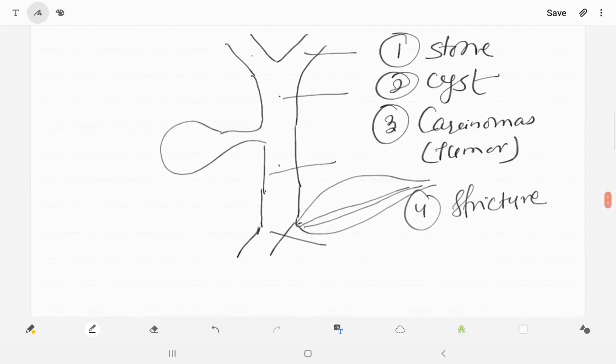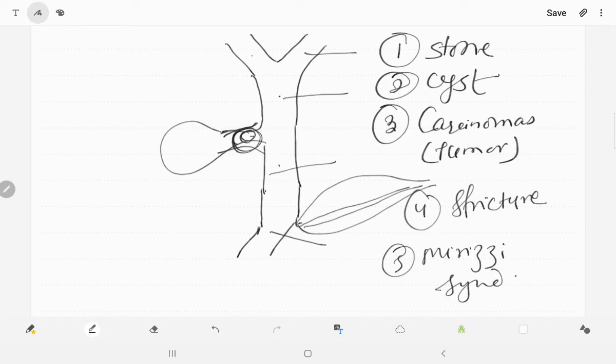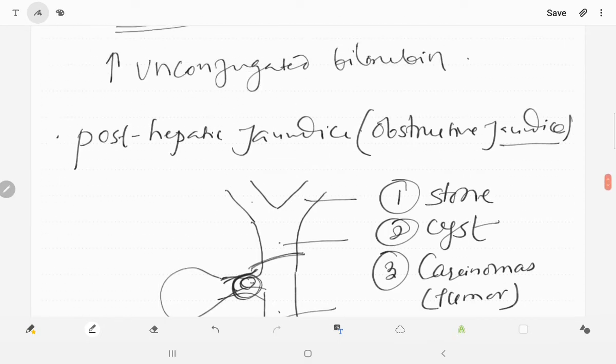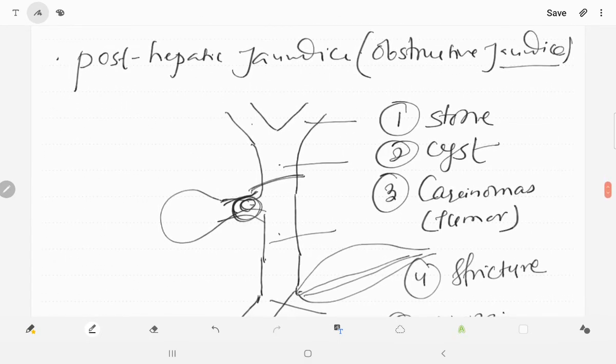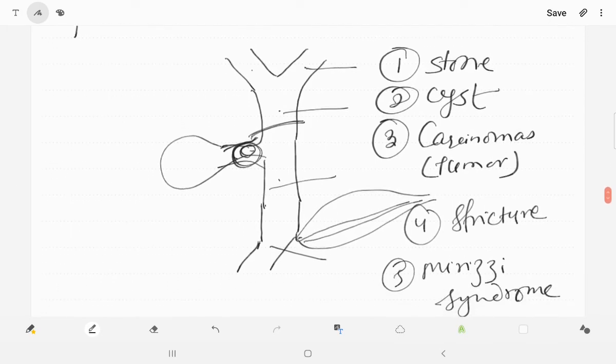And there's something called as Mirizzi syndrome, when there is a stone in the cystic duct large enough to obstruct the flow of bile, then it is known as Mirizzi syndrome. These are cause of post-hepatic jaundice or obstructive jaundice.